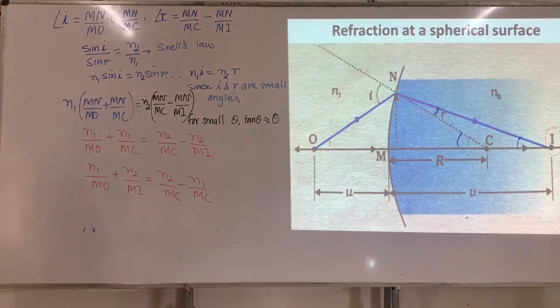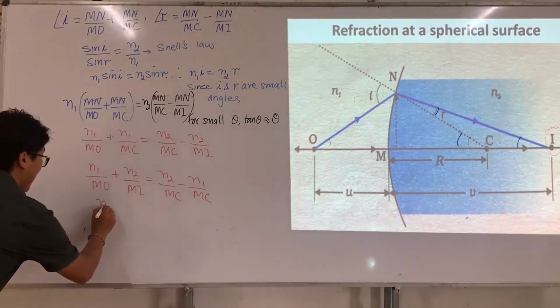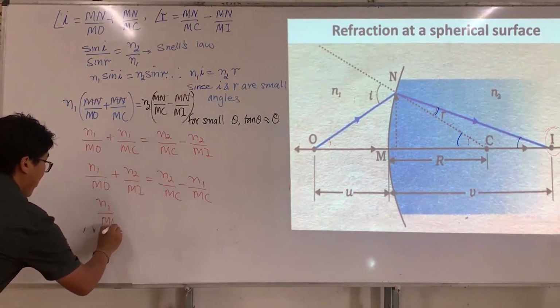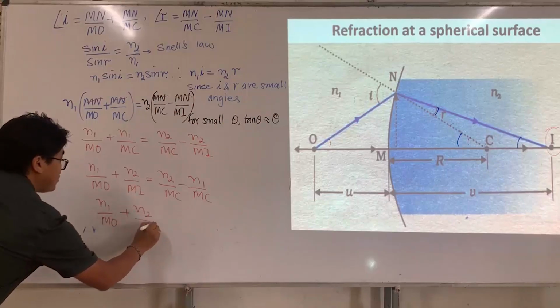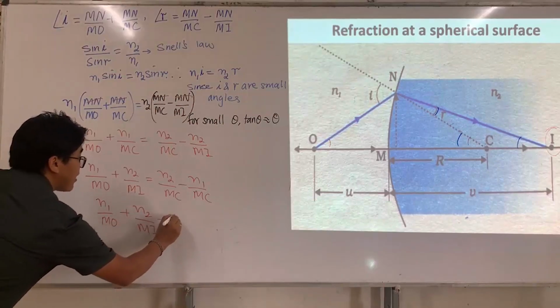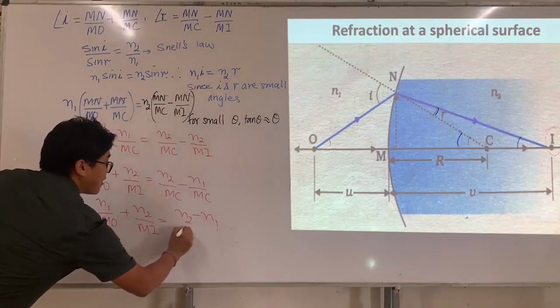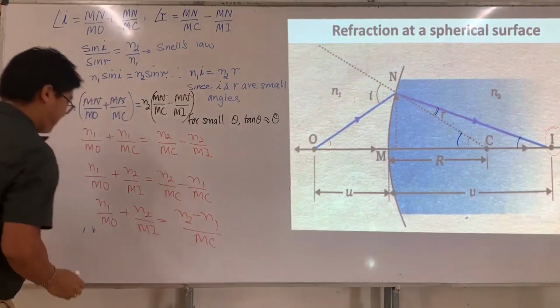Alright. Okay, then N1 by MO plus N2 by MI equals N2 minus N1 divided by MC.